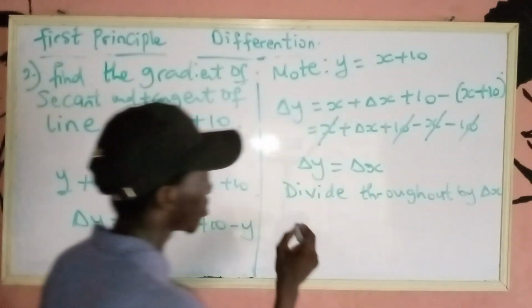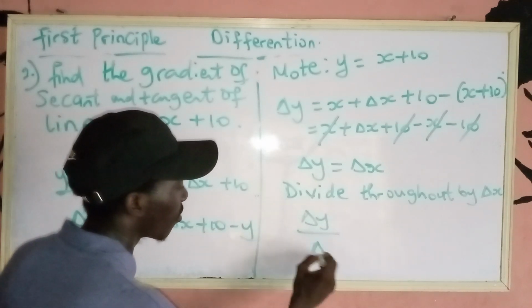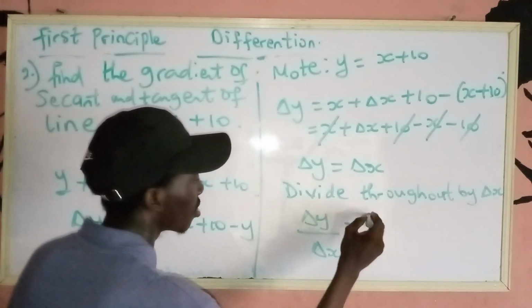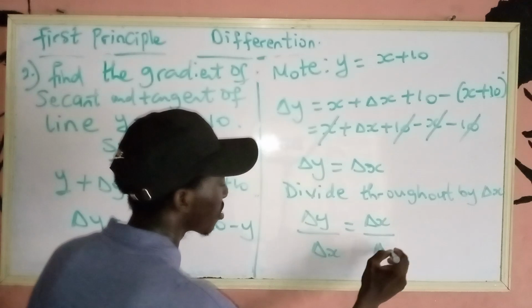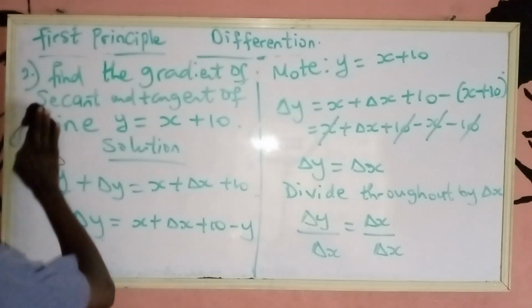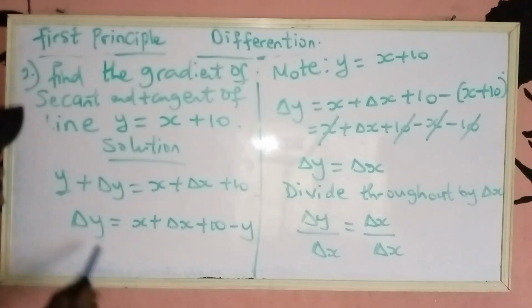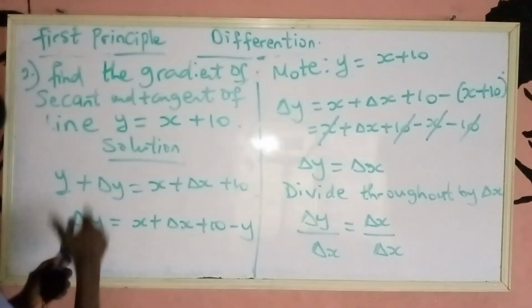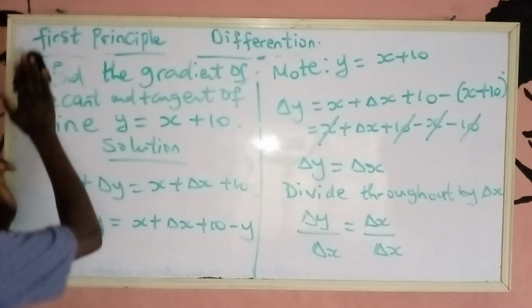By changing x. So that will be change in y over change in x is equals to change in x over what? Change in x. So, okay, we have to find the gradient of the secant.